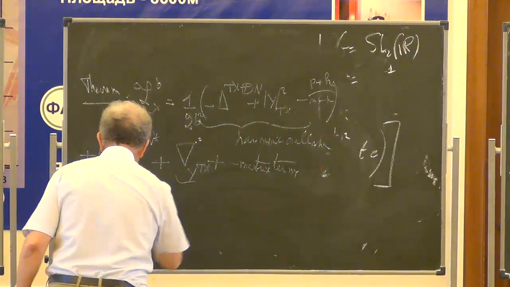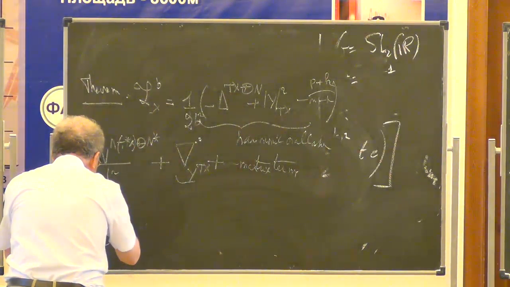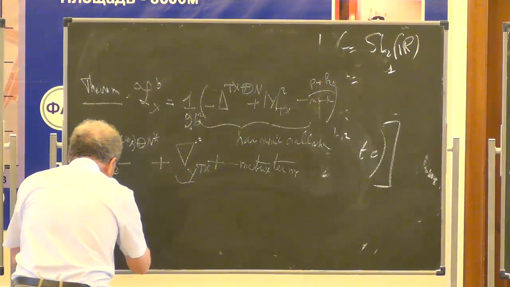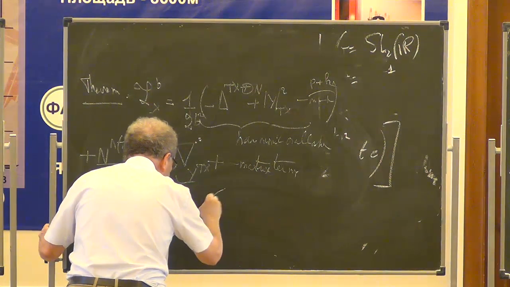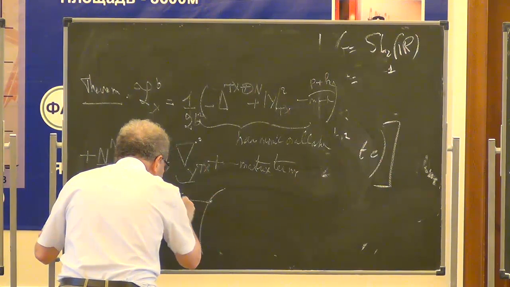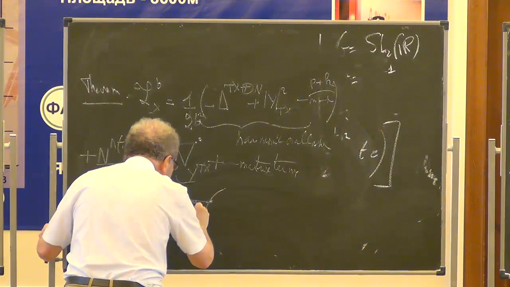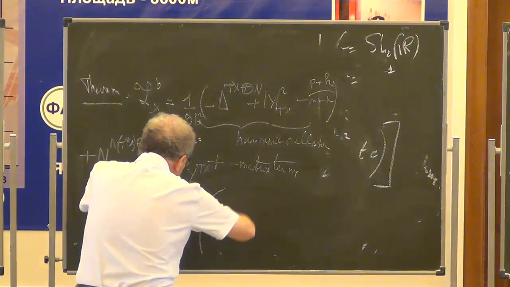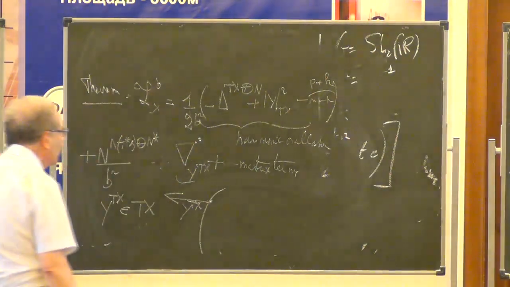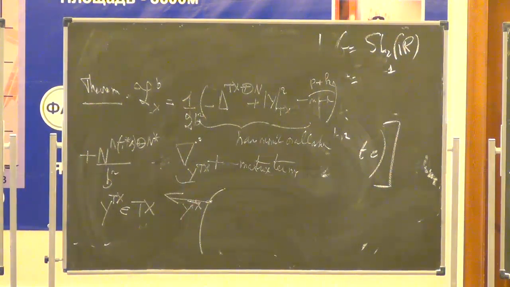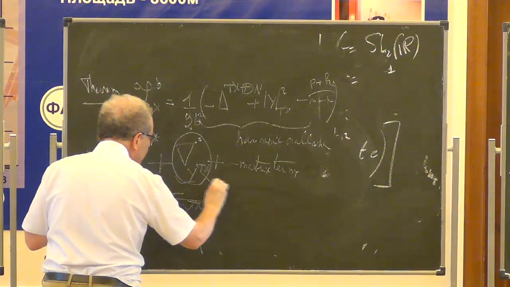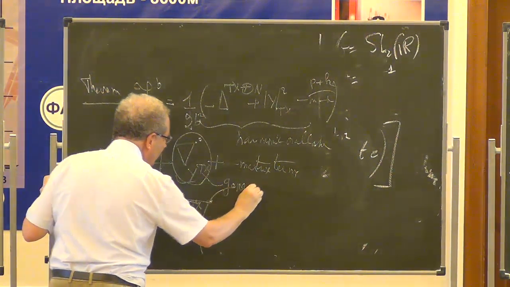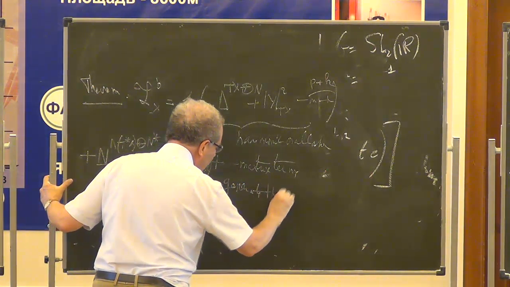And there is this term here: if y Tx lies in this fiber Tx, it defines a corresponding horizontal vector field on the total space of the fibration. This is the so-called geodesic flow, a vector field which generates the geodesic flow.